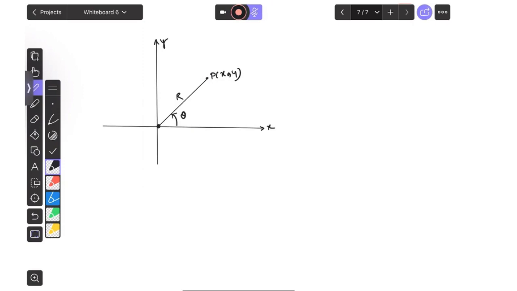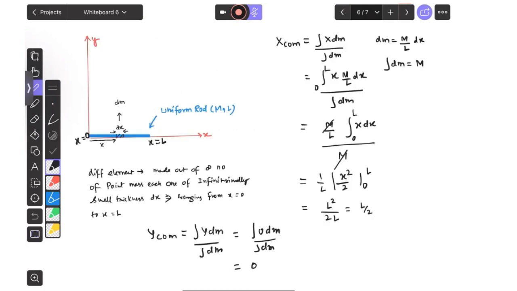So instead of using x comma y, I could use r and theta. No? Okay.